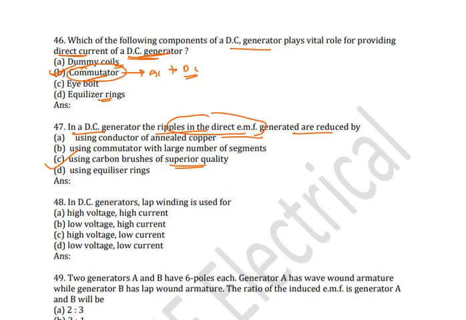Next question: in DC generators lap winding is used for. The options are high voltage high current, low voltage high current, high voltage low current, low voltage low current.